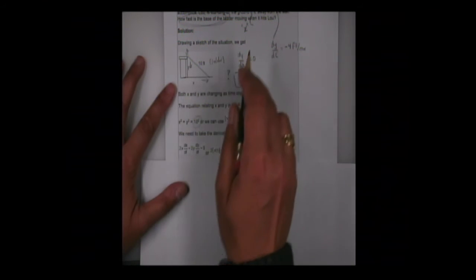I know when it hits Lou, when Lou's here crashed on the ground, I know this is 6, and that's my x. So I put the 6 in here. I put negative 4 in here.